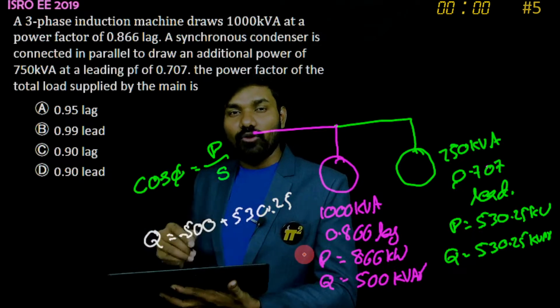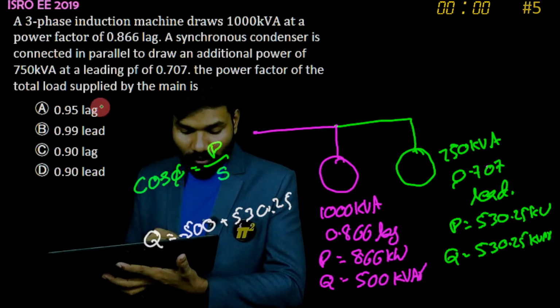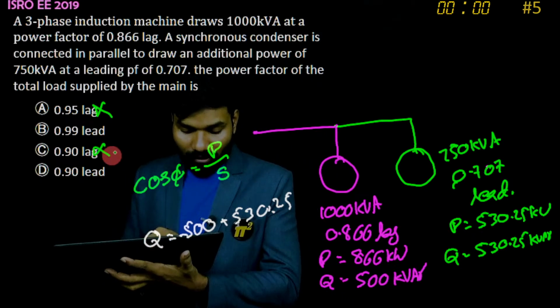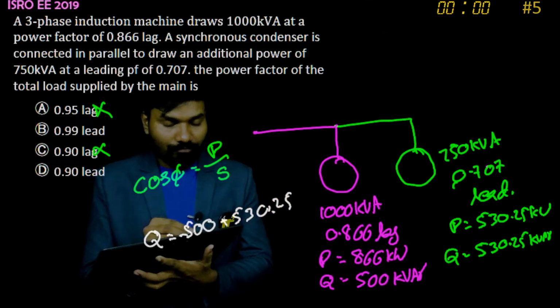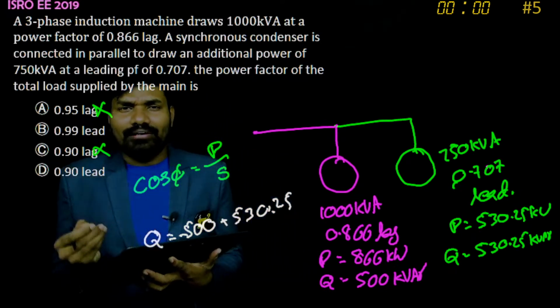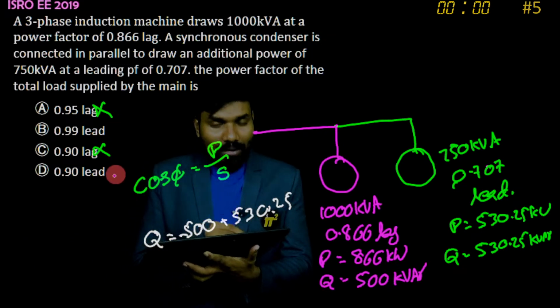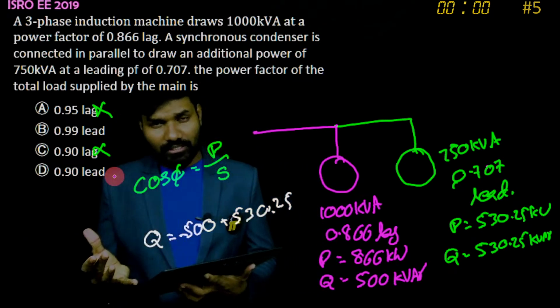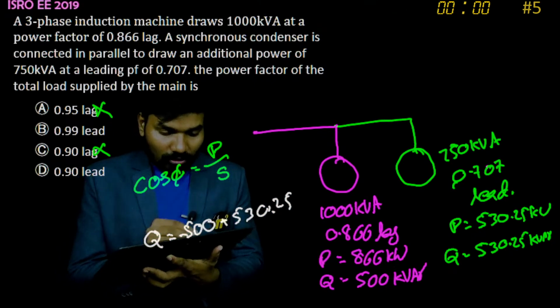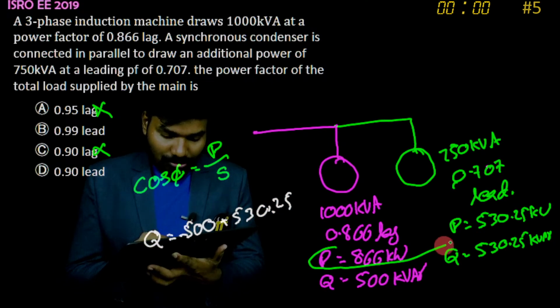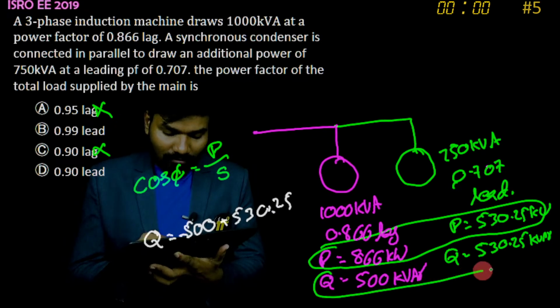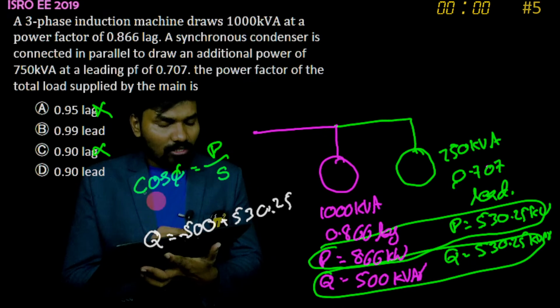So the total load is of leading nature, not lagging nature. And that leading is not so huge. I'm not doing the math; if you do the math, you will definitely get the answer, because the total active power is the sum of these two, and the total reactive power, so you can find the total cos phi.